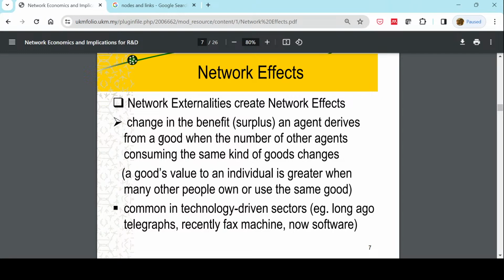We use the term agents, meaning consumers or buyers. This is because of the working of network effects: a product's value to an individual is greater when many other people consume the same product.